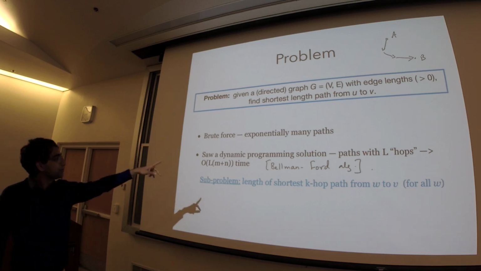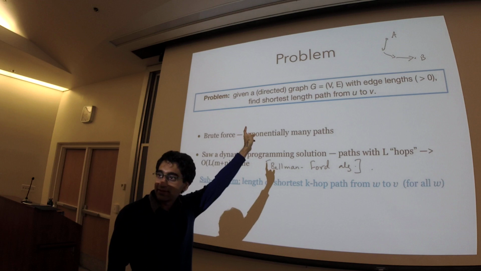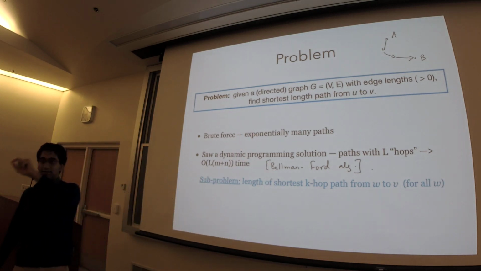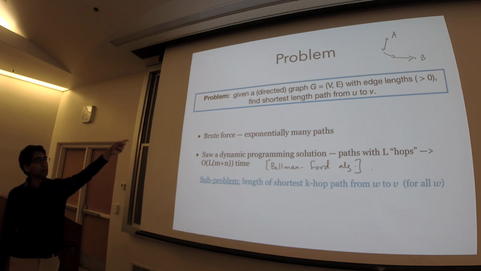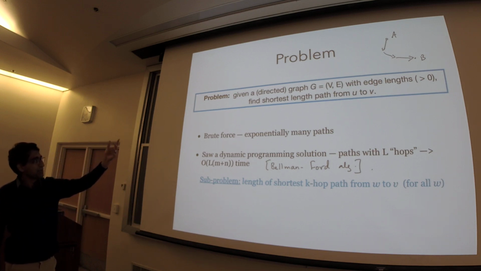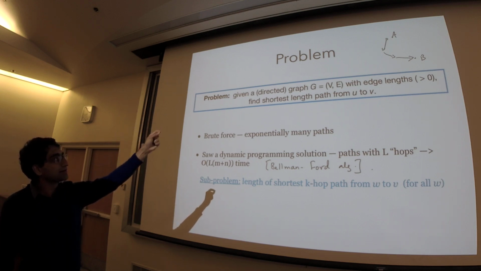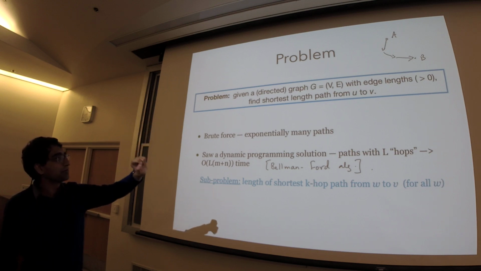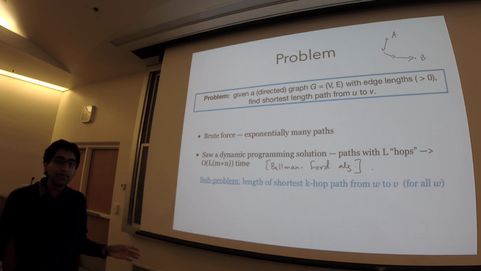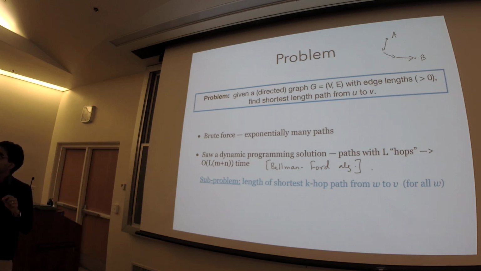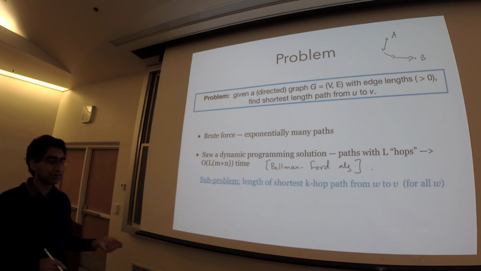Here we had an extra parameter, which we called the number of hops, the number of vertices you go through to go from U to V. You could write a recursive formulation for going from U to V using L hops: you want to get to some neighbor of V using L minus 1 hops, and then you have to get to V. We had a dynamic programming formulation based on this idea.